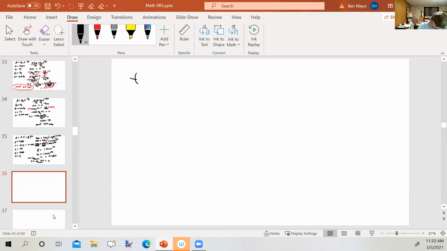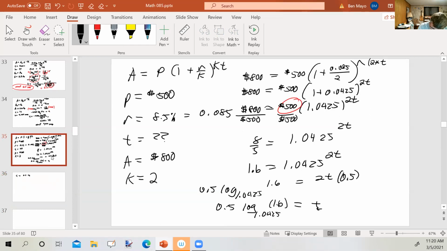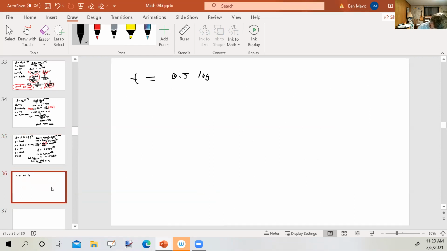So now I've got t equals 0.5 log base 1.0425 of 1.6. I'm going to use the change of base, so this would be 0.5. I'm going to use natural log this time.